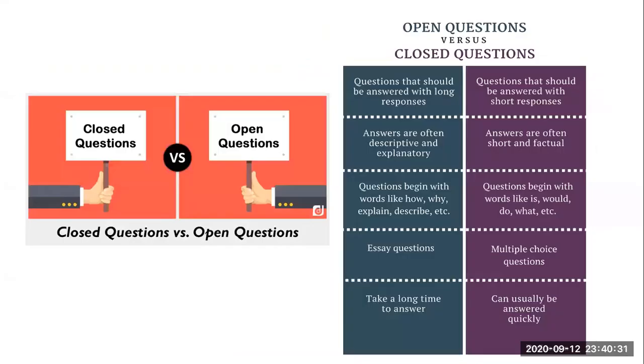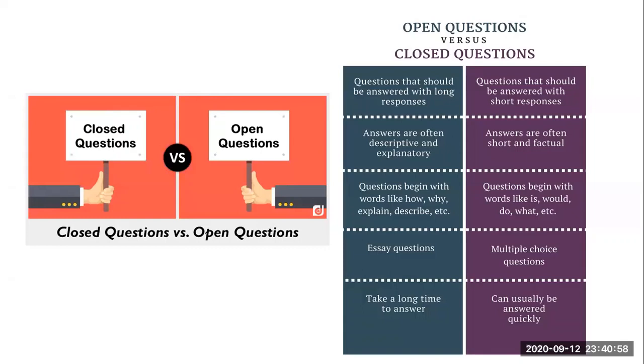But first, let's remember that when talking about surveys, we have types of questions. And those questions can be closed or they can be open. As we can see here in the picture on the left, on the orange chart, we have closed questions versus open questions. And on the right, we have this chart that I like a lot because purple is my favorite color, and this one has purple on it.